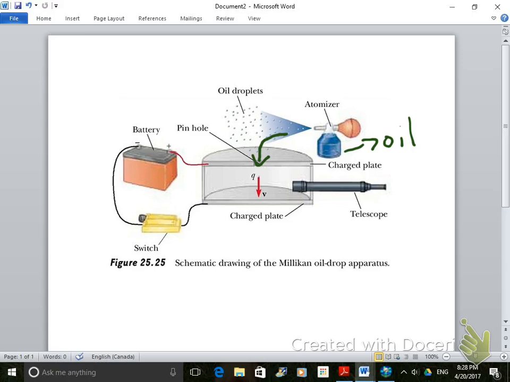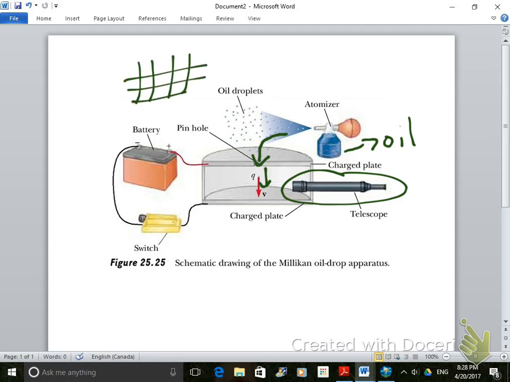Now, it would continue on down, and the many times he did it, he would use a telescope and examine those oil droplets coming down. Behind that telescope there's actually a grid, and he would see the oil droplet going down through that grid, and through some basic kinematics, he figured out what the terminal velocity of that oil droplet was.